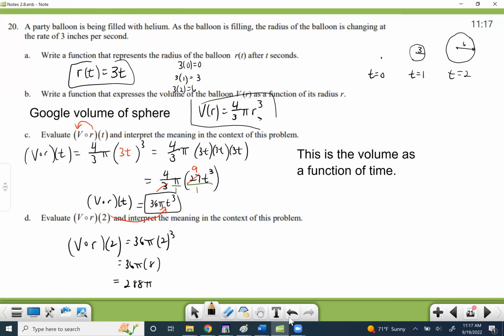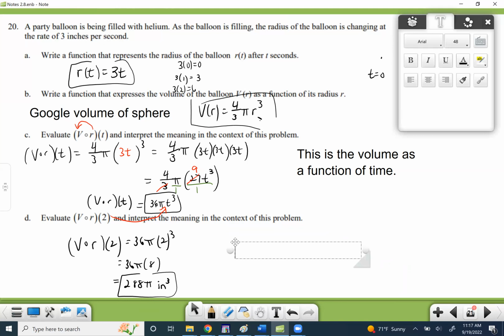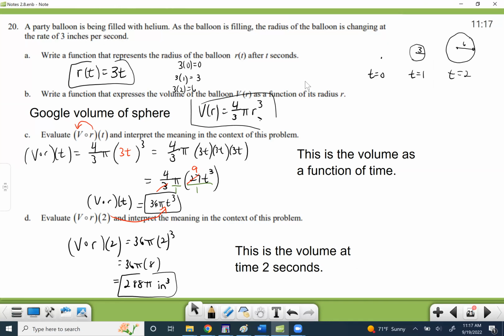Oh, inches. So this would be inches cubed, you guys. That would be our volume, right? That'd be our volume at time 2. It says to interpret it, right? Okay, this is the volume at 2 seconds.